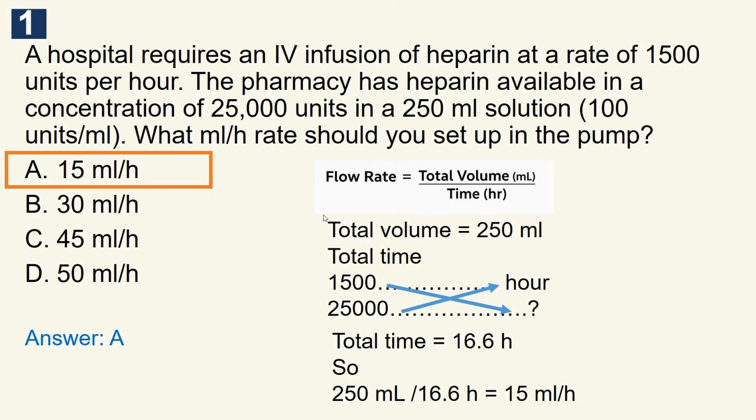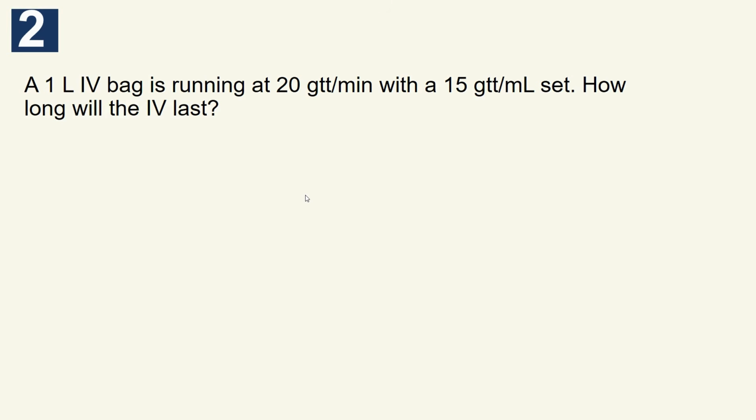Pharmacy Prep offers the best exam preparation for pharmacy board exams. We practice lots of questions that are relevant to the exam. I am confident that practicing these questions helps you pass your exams. So let's go to the next exam type question.